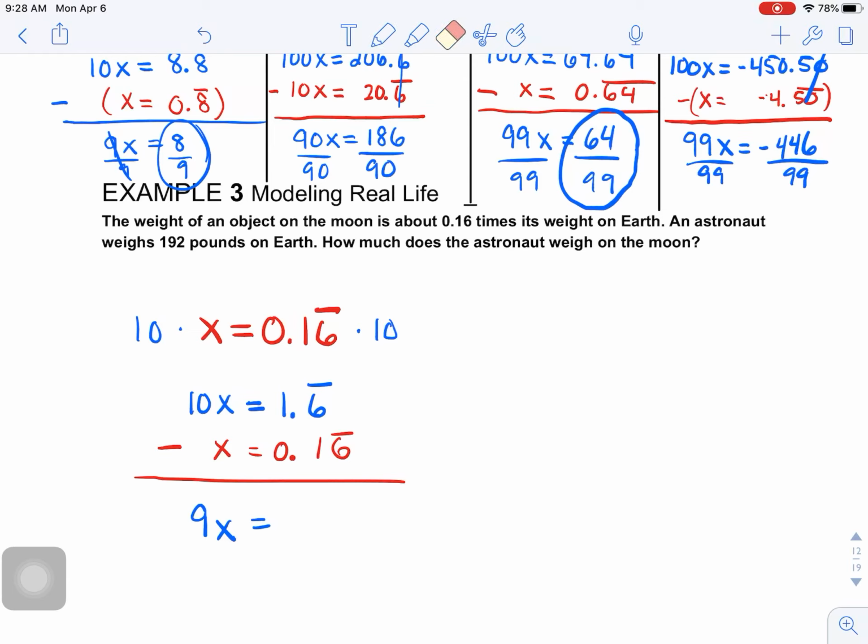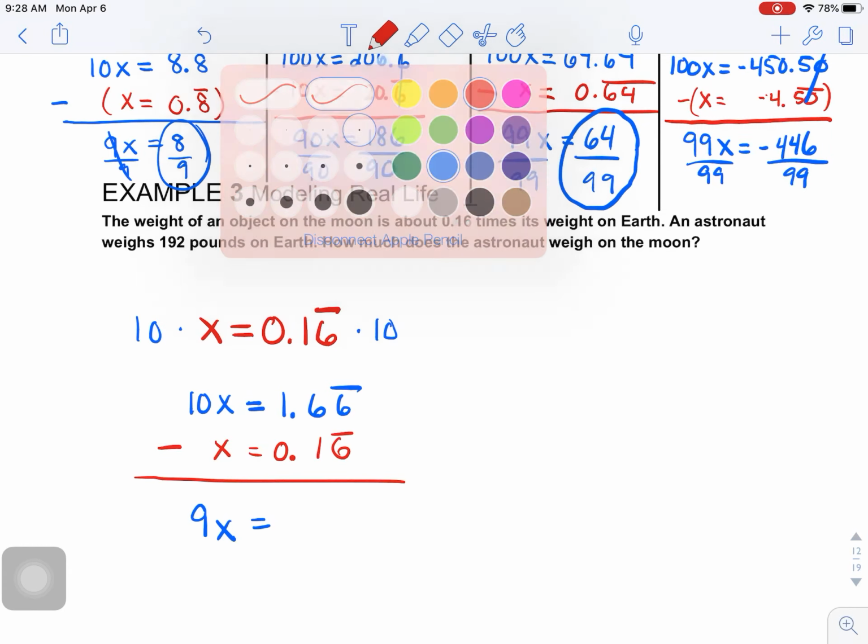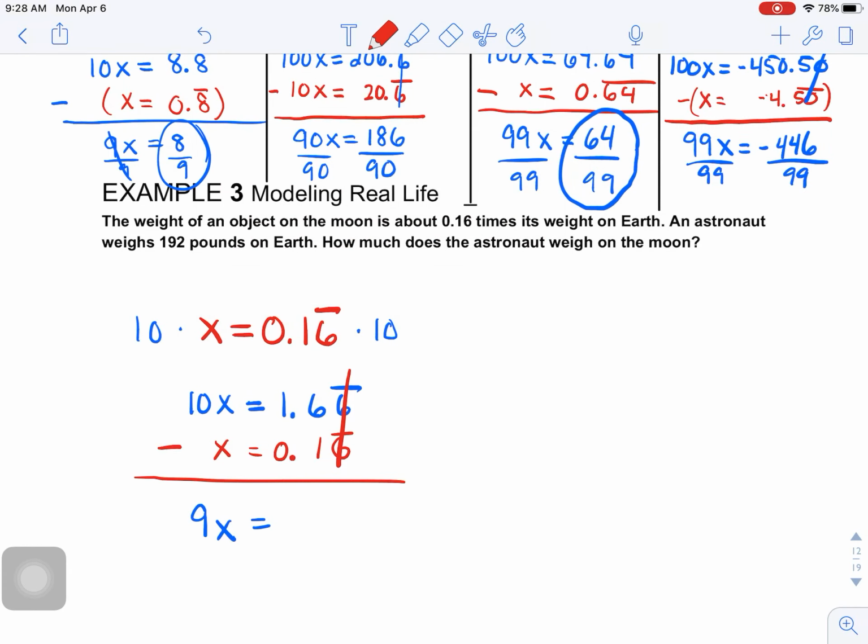For this one, I'm just going to move this over so that you can see. I just added another 6 there so you can see that these 6s do cancel out when we subtract.